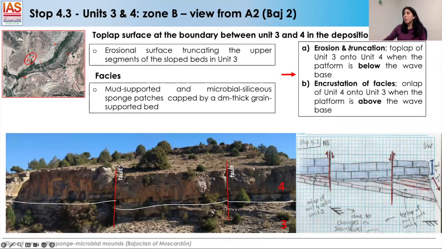The consequence is erosion and truncation, so toplap of unit 3 into unit 4 when the platform is below the wave base, while we have incrustations of facies, so onlap of unit 4 into unit 3 when the platform is above the wave base. We have mud-supported and microbial siliceous sponge facies capped by a decimeter-thick grain-supported bed. Here there's a sketch made by Anlot.